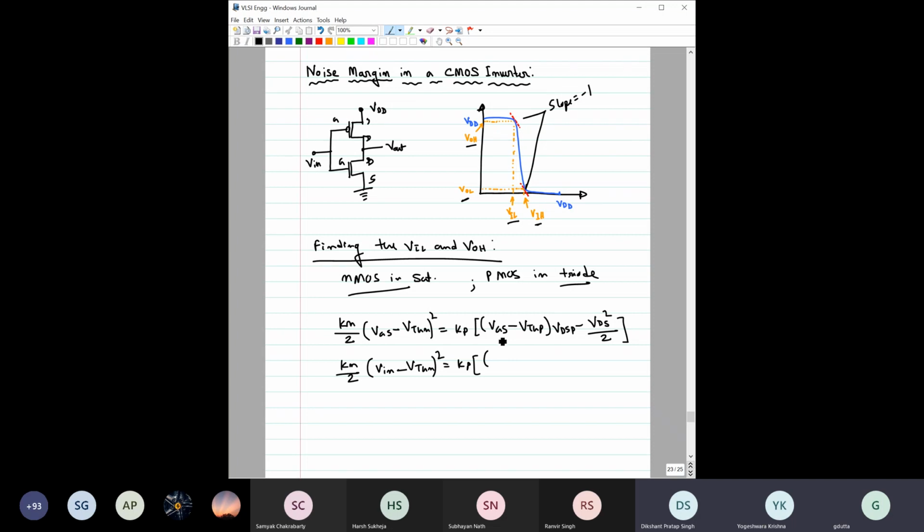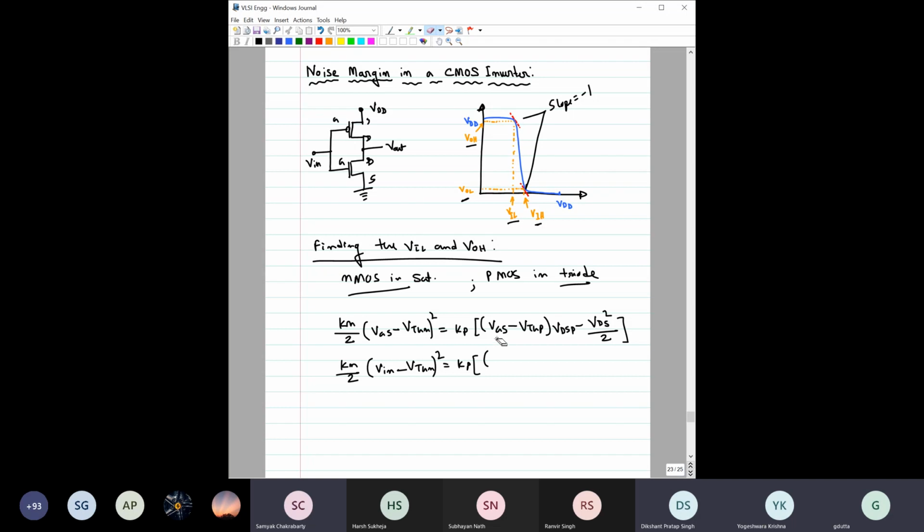Now, VDD minus V in, sorry. Should it be VDD minus V in, or should it be V in? Which way? Please think.